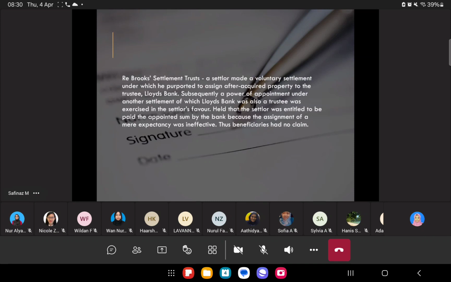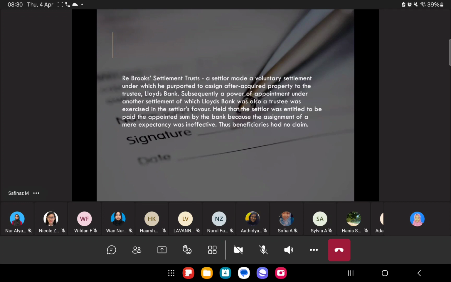So dalam kes ni pula dia berbeza sebab dalam kes ni walaupun trustee tu orang yang sama, tetapi settlor itu buat amanah itu based on a mere expectancy. Sebab dia kata kat sini in which he purported to assign after acquired property. Maknanya apa-apa property yang dia akan dapat later.